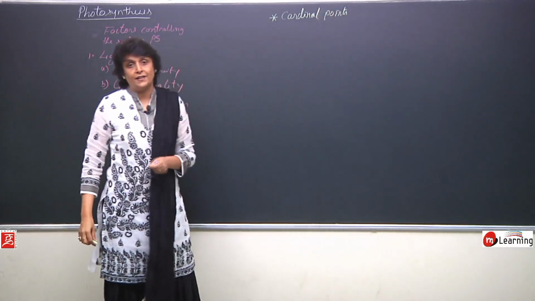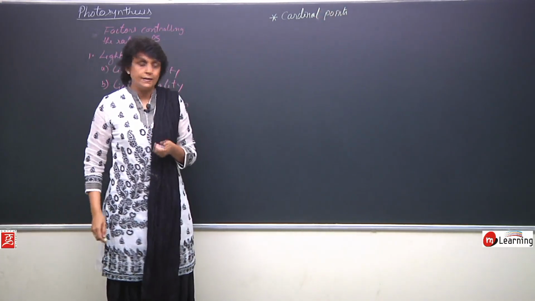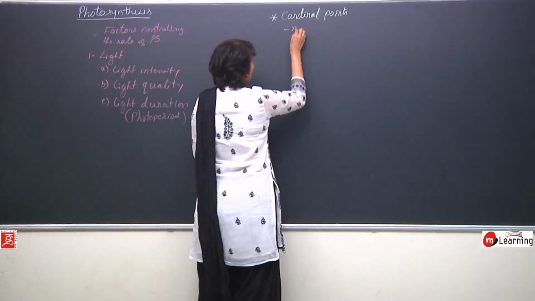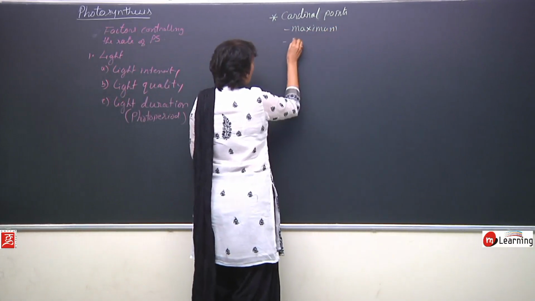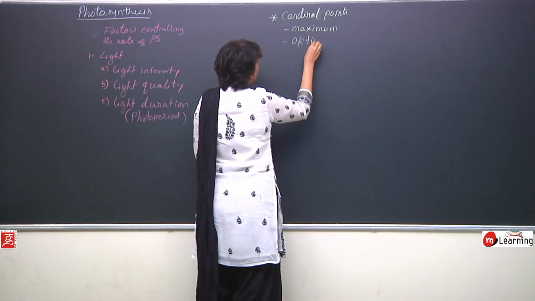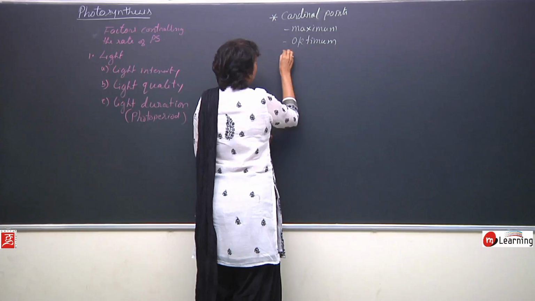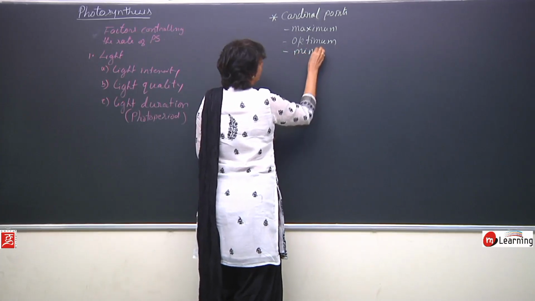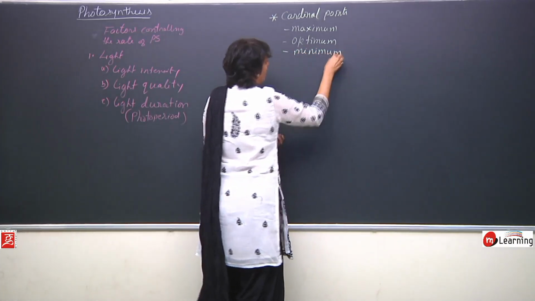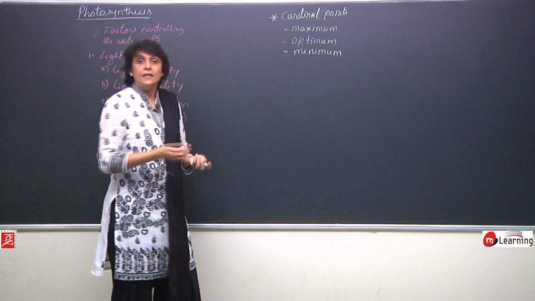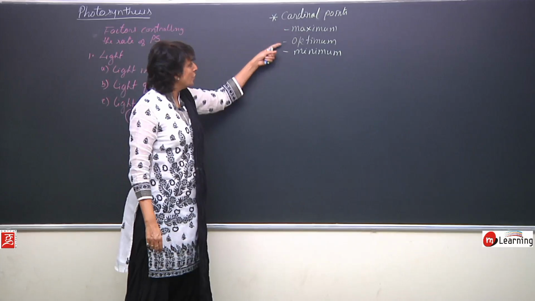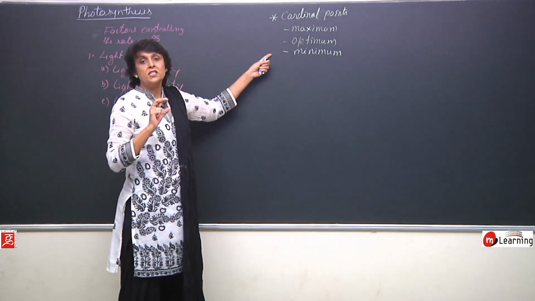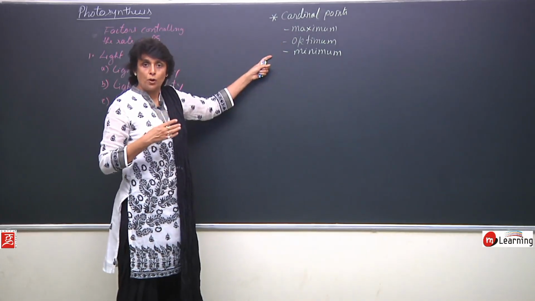For every factor, there are three cardinal points: maximum, optimum and minimum. What does this mean?